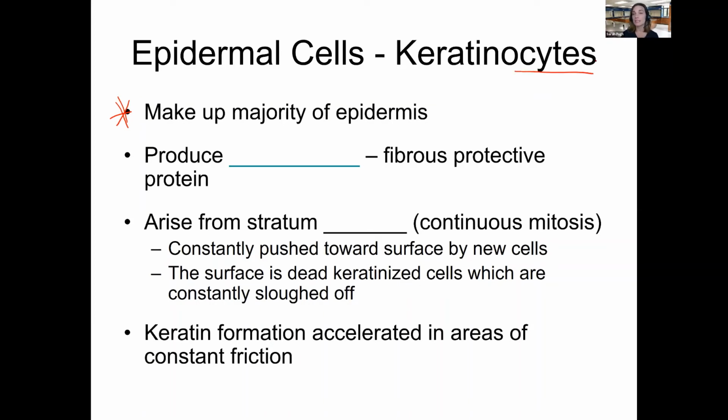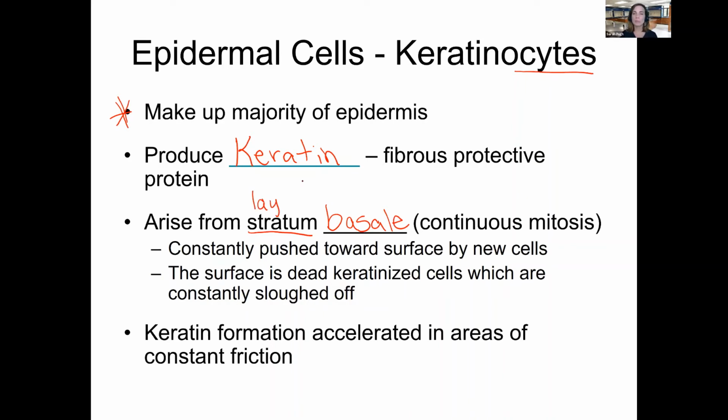These are cells that make keratin, right? And keratin is that hard, protective, waterproof protein. All of these keratinocytes come from, I know we haven't done the layers of your epidermis yet, but they actually come from the very bottom layer of the epidermis. And this layer is called the stratum basale. We'll talk more about this one in a little bit. Stratum just means layer.